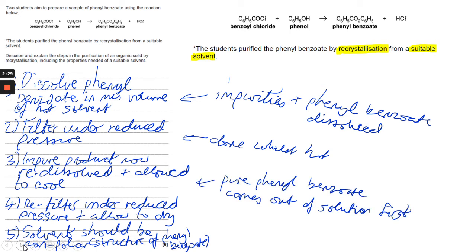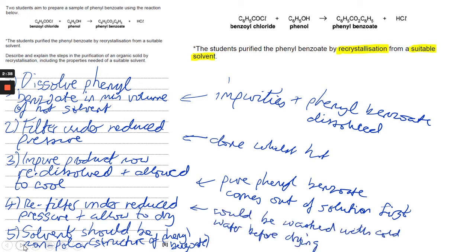Step 3 should produce relatively pure phenyl benzoate coming out of solution first, that then allows you to filter it. Now you might want to filter and also wash the solid with cold water before you leave it out to dry overnight in order to make sure that it's as pure as possible.